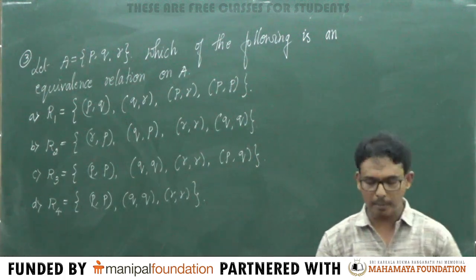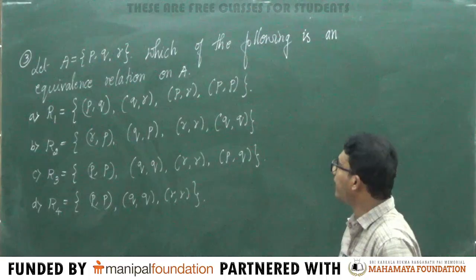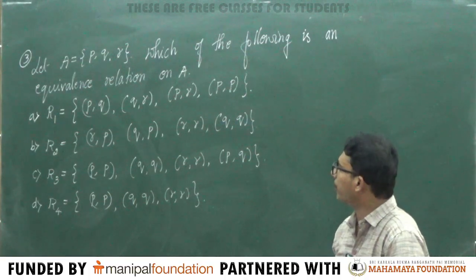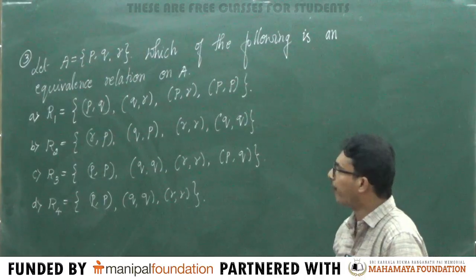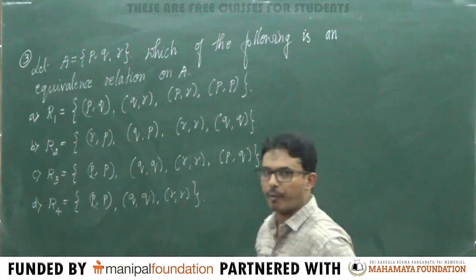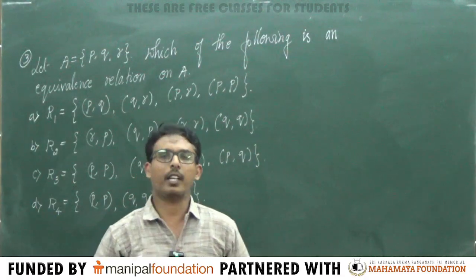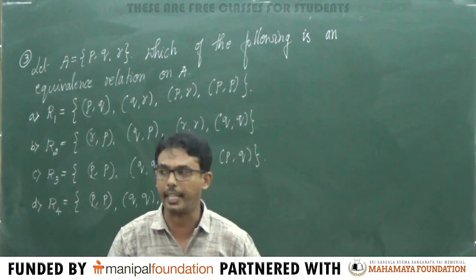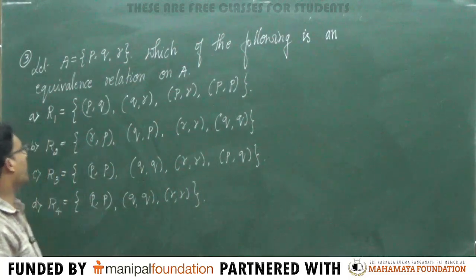In this problem, they gave the set A containing the elements P, Q, R. Among the four options, which option is an equivalence relation? Equivalence relation means the relation is reflexive, symmetric and also transitive. Look at the first option.